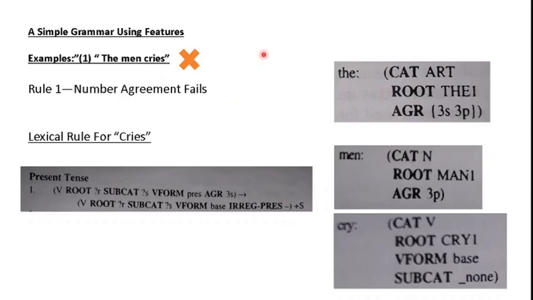Okay, so we need a lexical rule to process cries. If you see the lexicon for cry, it is a base form, and if you insert it over here with cry plus S, we will get the verb form of cries as present. Okay, so we are going to proceed with this one.